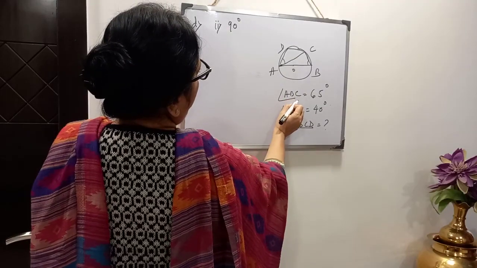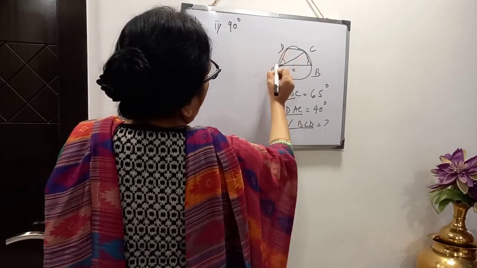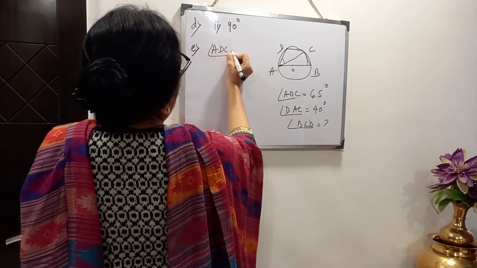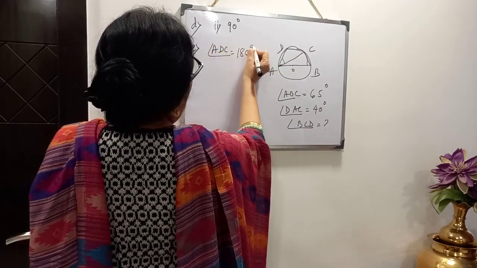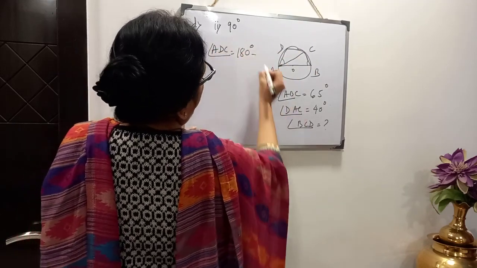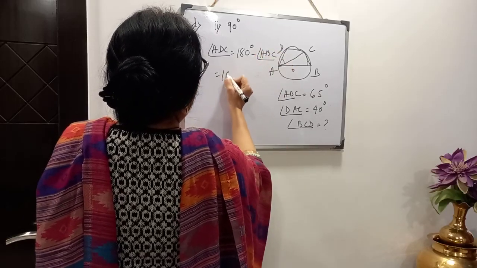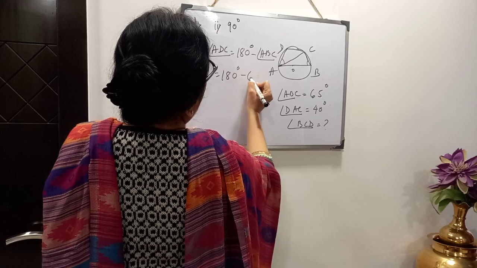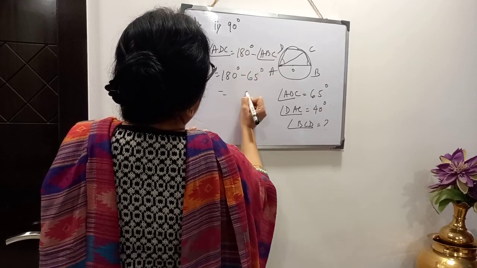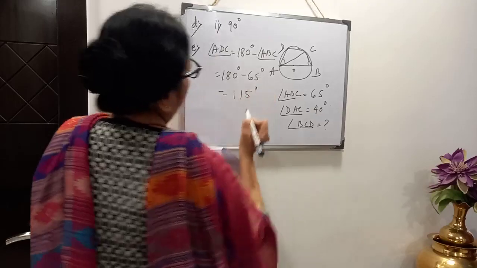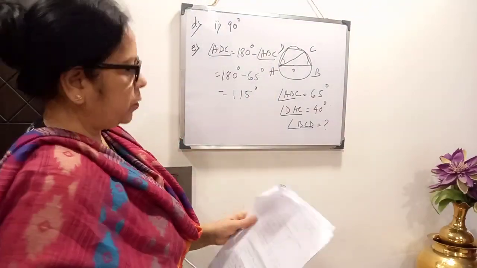Now see, ABC is given 65. So from here we'll get ADC. ADC will be 180 minus ABC, 180 minus 65. It is coming 115 degree.